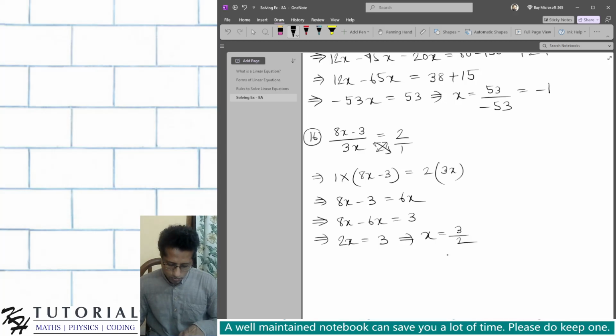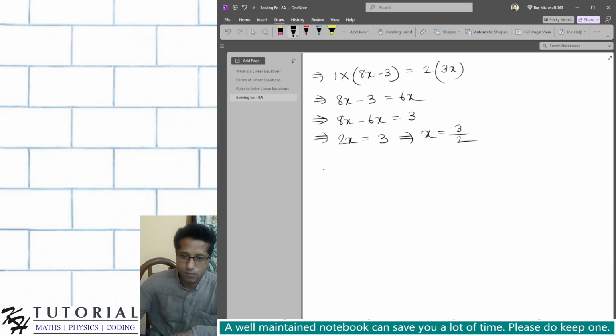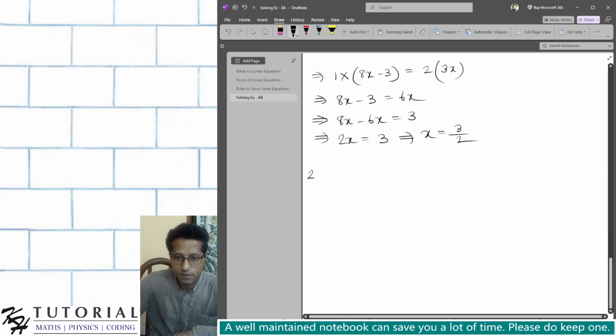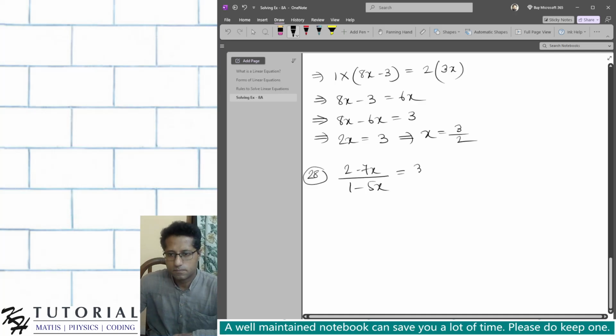I will do one more problem, that is the 28. The rest of the problems, I hope you can solve them. They are pretty similar. 28 is 2 minus 7x divided by 1 minus 5x equals 3 plus 7x divided by 4 plus 5x.